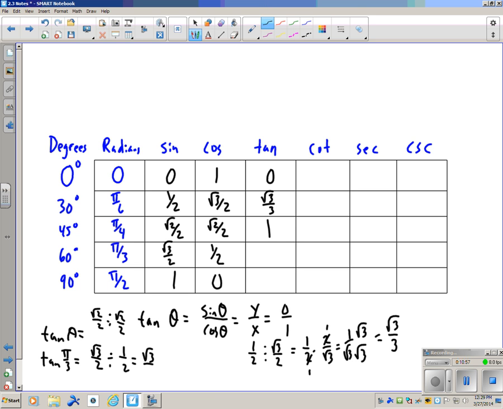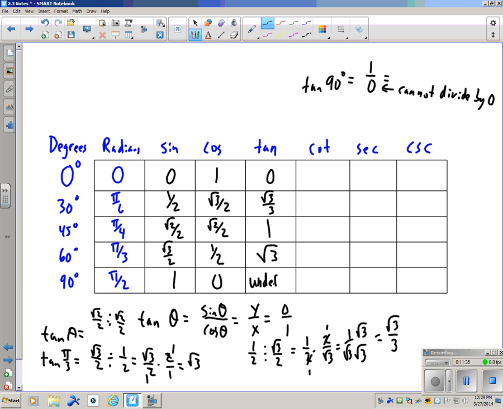So I'm going to do square root of 3 over 2 times the reciprocal, which is 2 over 1. So I end up just getting the square root of 3. And then I want to do the tangent of 90 degrees. So tangent 90 degrees, or pi over 2, is sine over cosine. Cannot divide by 0. So this one here, we're going to say is undefined. Some people like to put a line here. Some people write undefined.